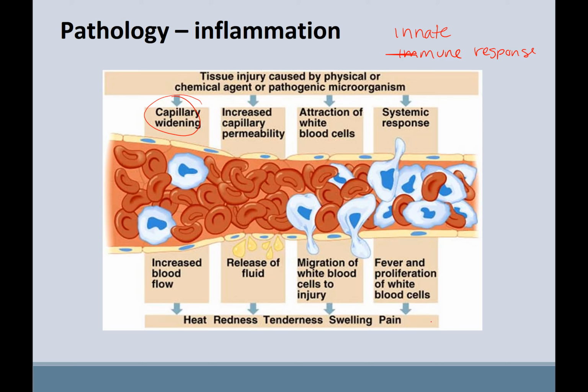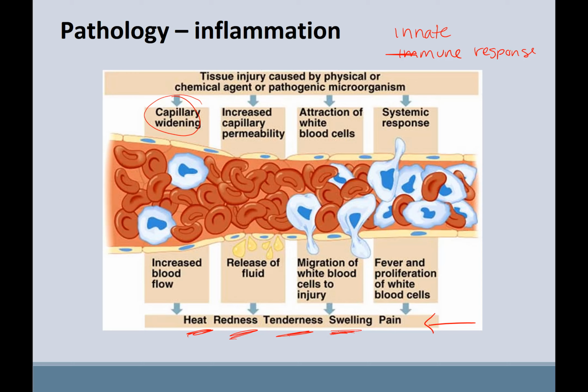The classical signs are heat, so you've got all this blood flow going, and redness, because you have all this blood flow going. And tenderness, because you've got swelling. So you've got a lot of fluid that's pushing on these little blood vessels and pushing on the tissue.